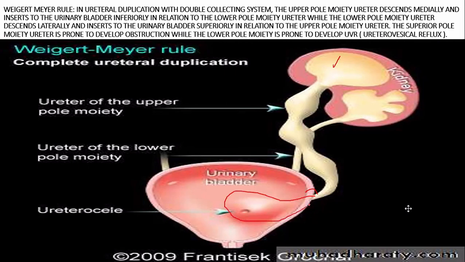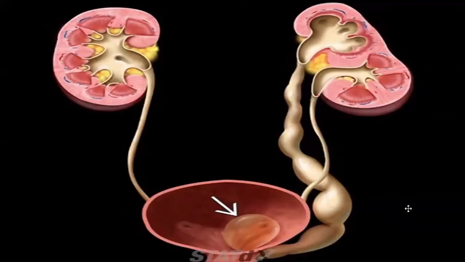The lower pole moiety goes laterally and inserts superiorly and is prone to the development of vesico-ureteral reflux. So the superior pole moiety is prone to obstruction and the cobra head ureterocele, while this one is prone to ureterovesical reflux.